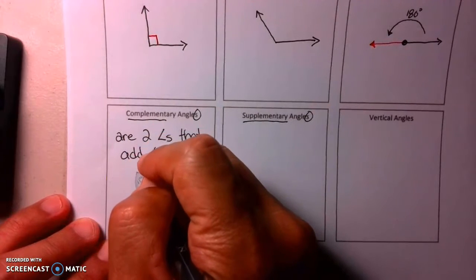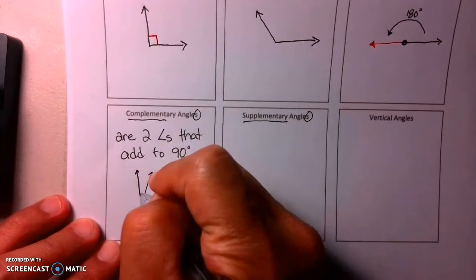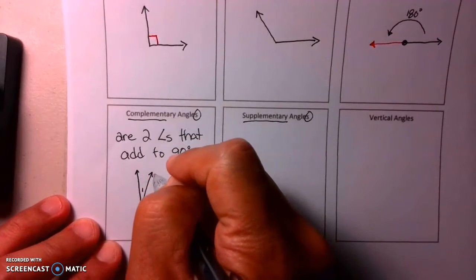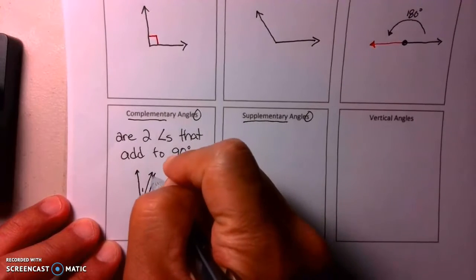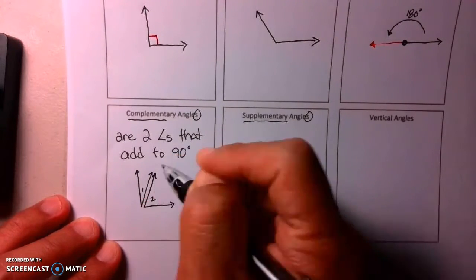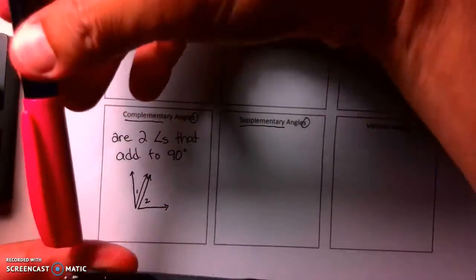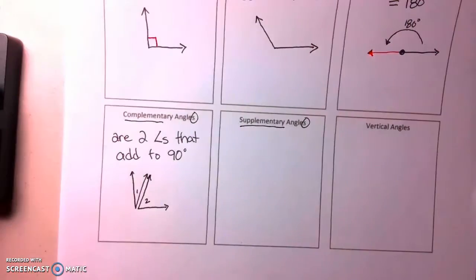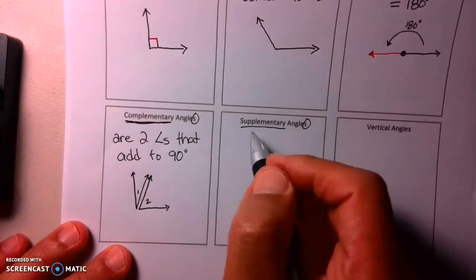So I'm going to draw a picture of it. So here is one angle. I'll put an angle 1 there. And then another angle just right next to it, and I'll call this angle 2. If I add angle 1 and angle 2 together, they form 90 degrees like this. And those would be called complementary angles.